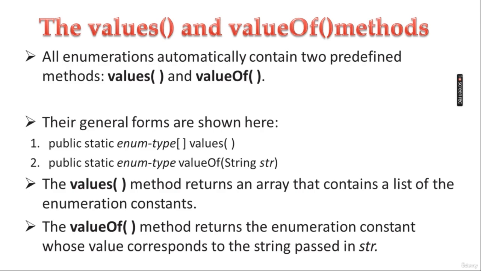Like in the previous example in apple, there are Winesap, Goldendale, Reddale, and so on. All the constants will be returned if you call this function values. And if you pass valueOf, it will return the enumeration constant whose value corresponds to the string passed. Okay.